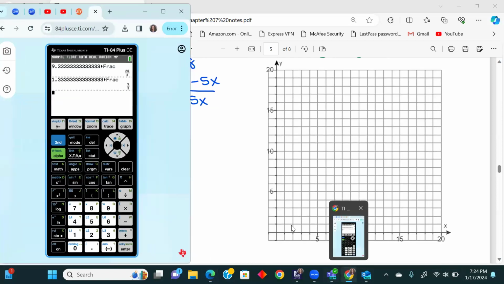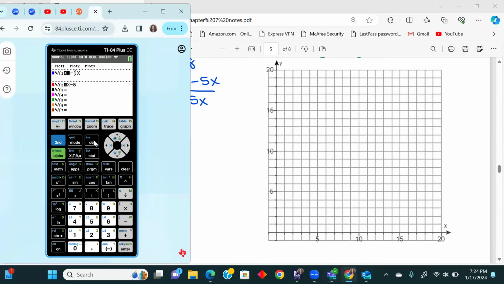Let's get to our calculator. Little y equals, clear, enter, clear, enter. All right. So let's get the first equation, negative x plus 10, graph.